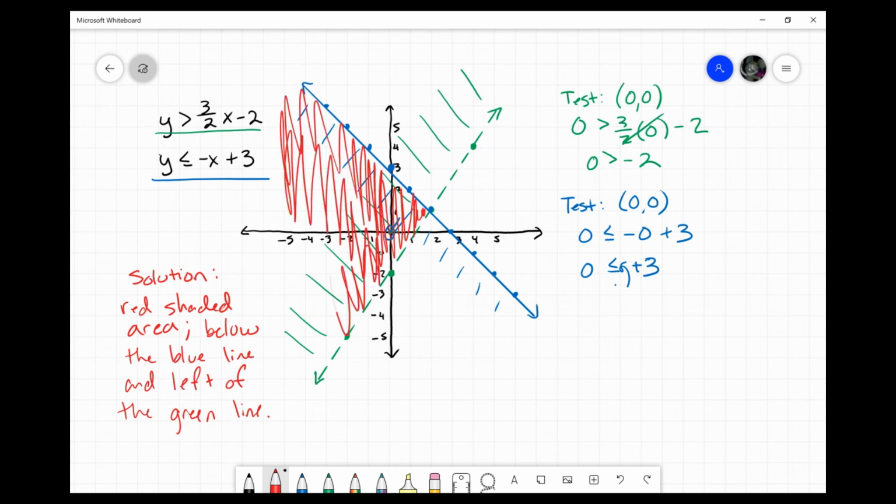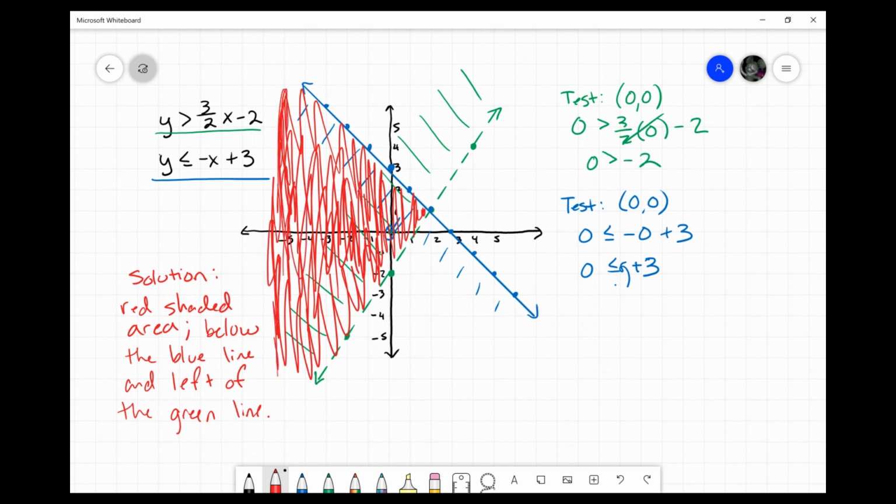So this is where we actually have anything there works, and that's why I do not want to be very solid or covering up the graph when I am doing just the light line shading originally, because as we see up here, even though that works for the first inequality that I did in green, it doesn't work for the second inequality.